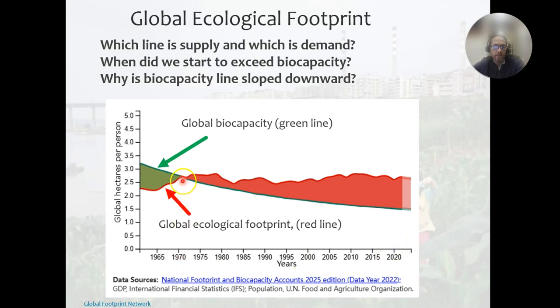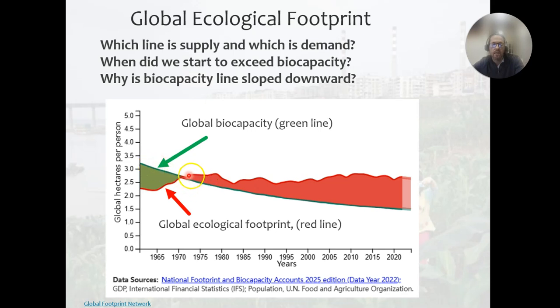So right around here, this is where our demand line met our supply line. And so right around 1970, we were using exactly the biocapacity as we demanded. Now the problem is after 1970, our demand exceeded our supply.